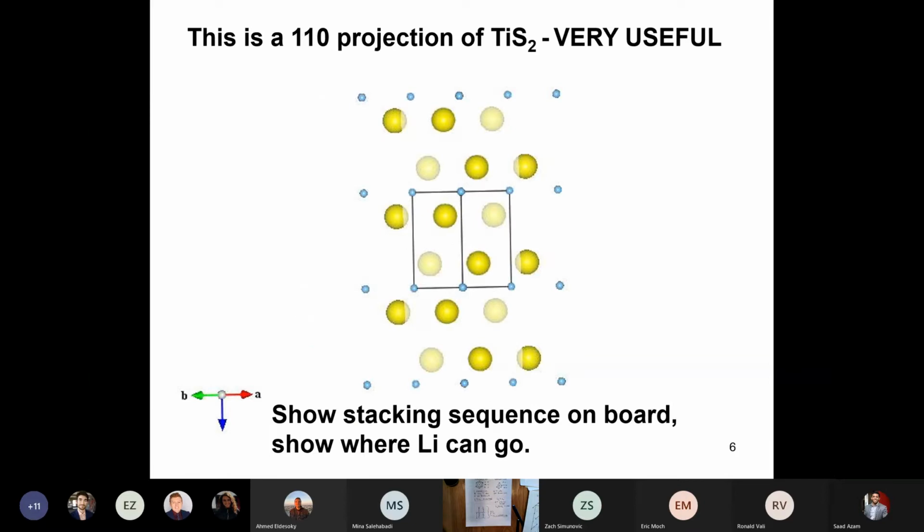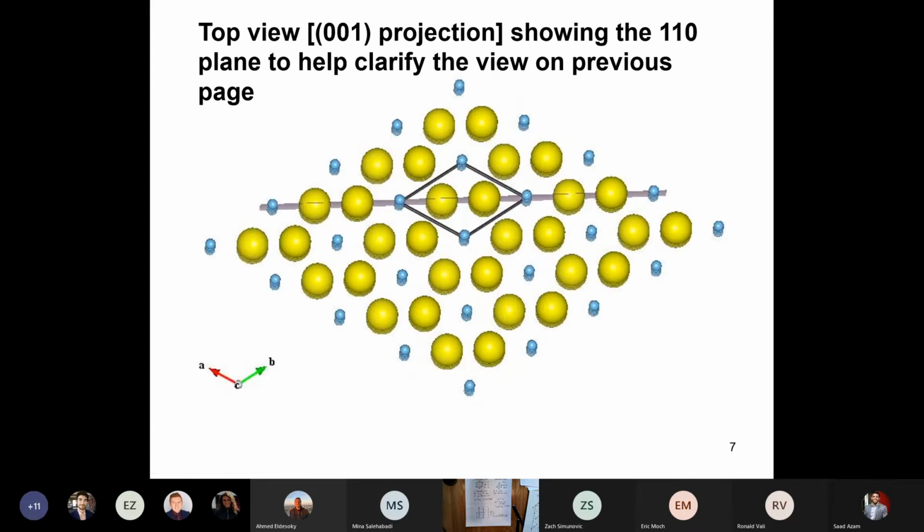So this is the 110 projection of TiS2, which we talked about. We said C, A, B, empty space for lithium, C, A, B. This is a top view just showing you what the 110 plane is. When you have a view angle from the bottom looking up, all the titaniums lie along a row, and this set of sulfur lie along a row and so forth.